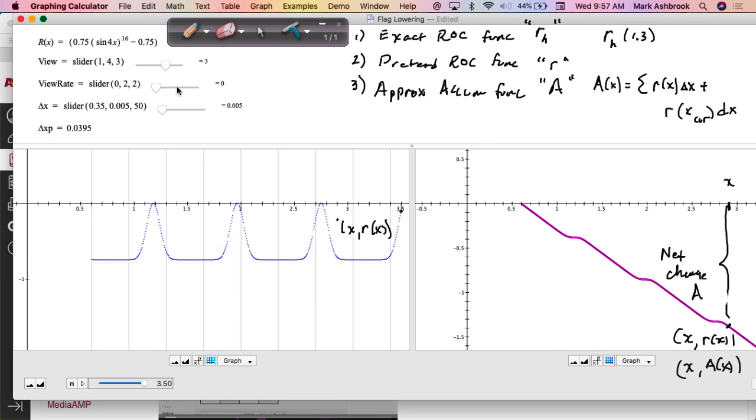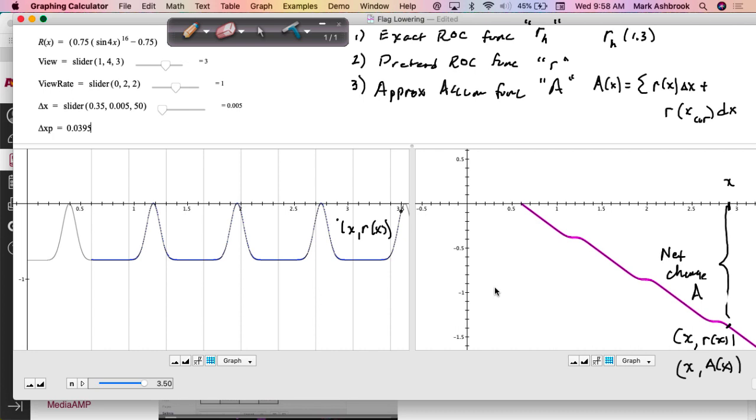All right, what about comparing the last two approximate accumulation functions? You see there's really almost no difference now. These are almost the same. So when your intervals get small enough that if you make them any smaller, you don't see any difference anymore, then we've arrived at what's essentially the exact accumulation.